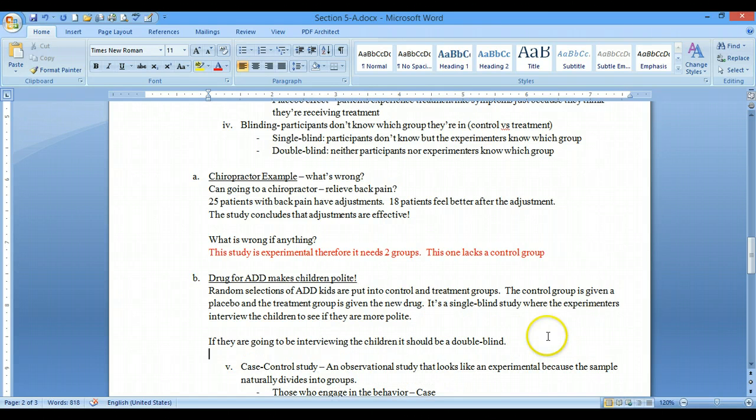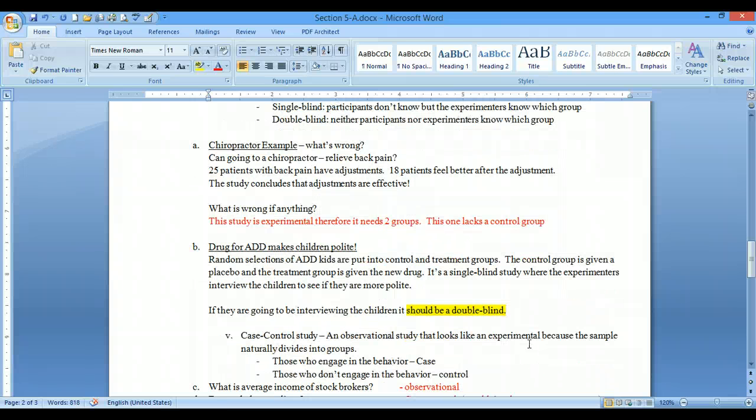It needs to be a double-blind experiment, because there's an interaction between the two, and they might somehow, whether on purpose or not, influence the results and produce some sort of results of them being more polite versus the placebo group.